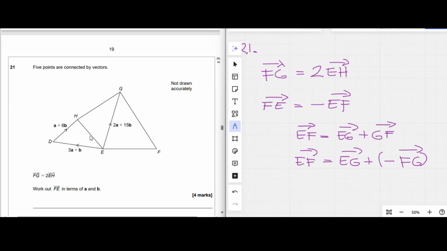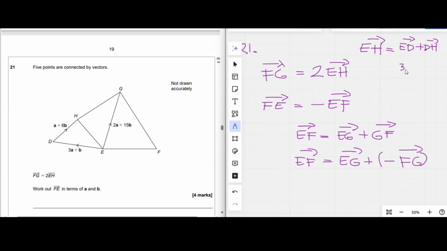Okay. Let's see EH. EH is ED plus DH. Yeah, to go from E to H, we can go from E to D and then from D to H. Yes. And this is where our letters come in.